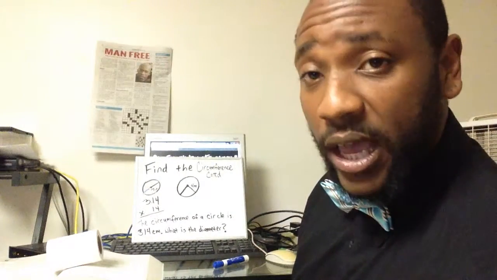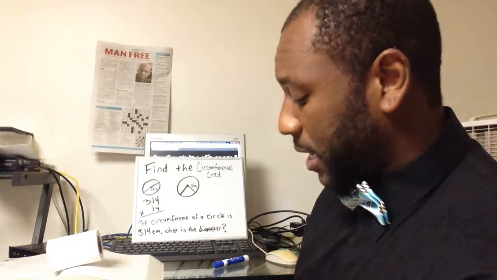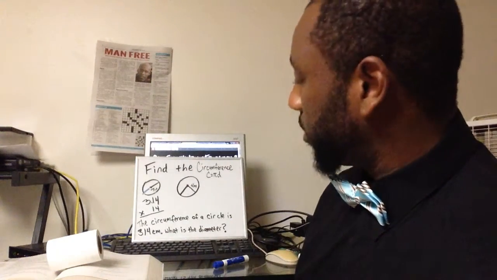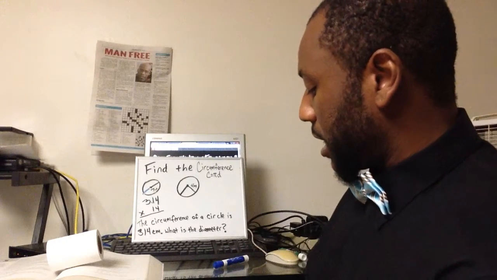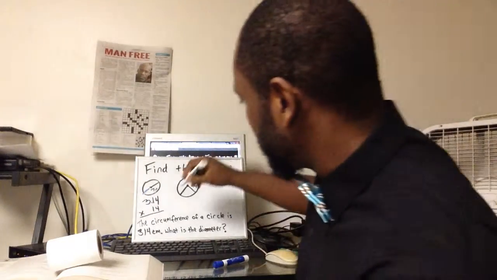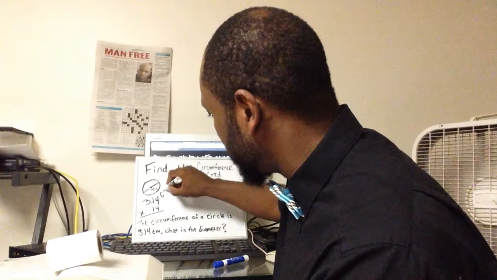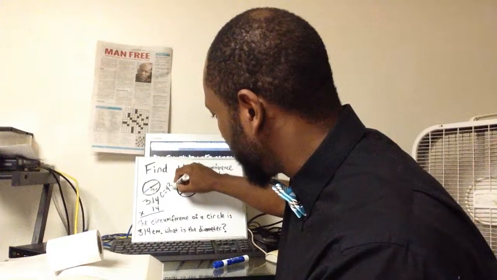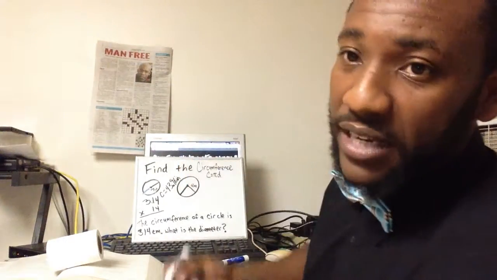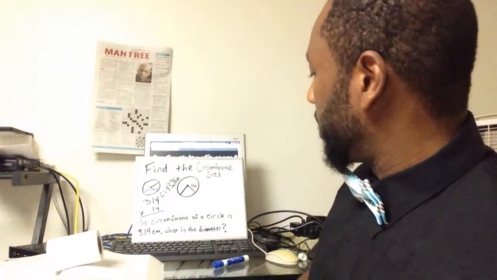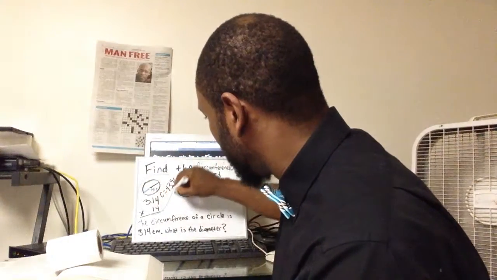And since it is okay to use a calculator on portions of the GED, I'm going to pull out my calculator now and deal with this. 3.14 times 14 gives us an answer of, and the way you would write that is circumference equals 43 and 96 hundredths of an inch. Right? And that would be our answer for number 1.